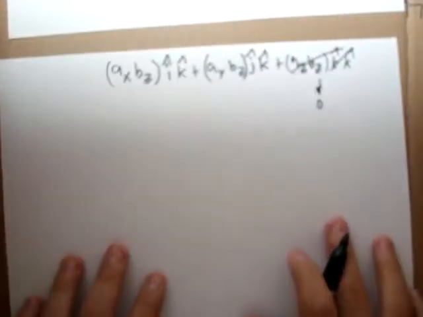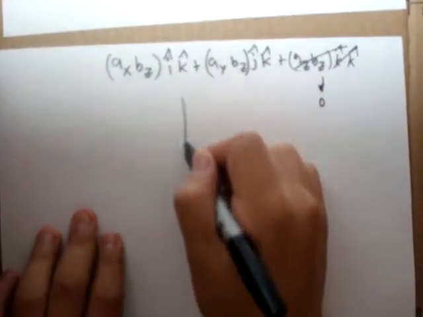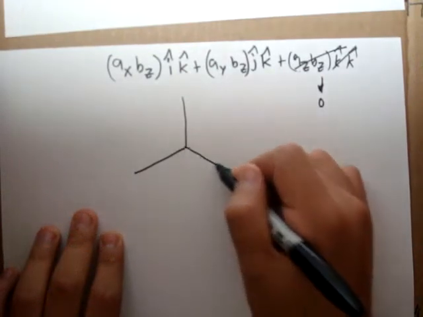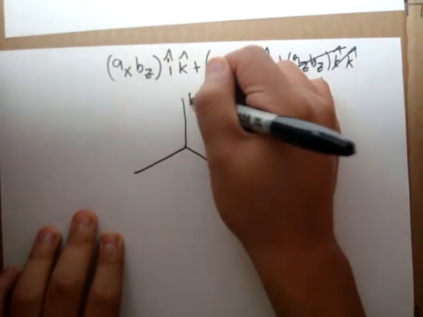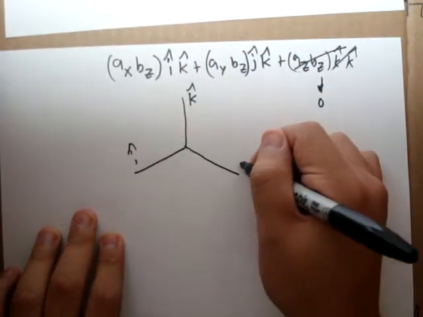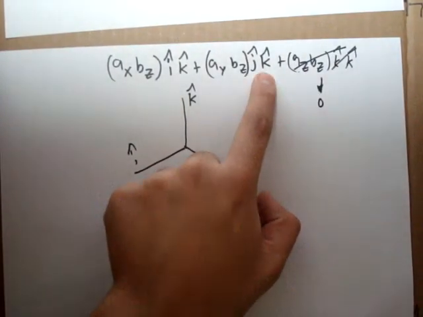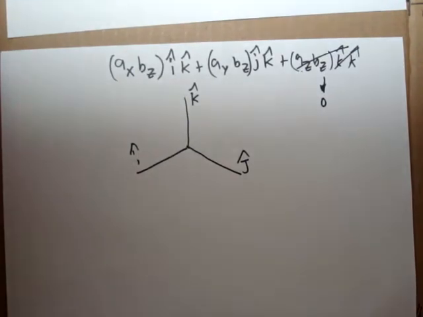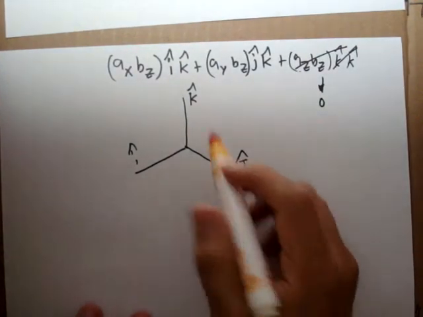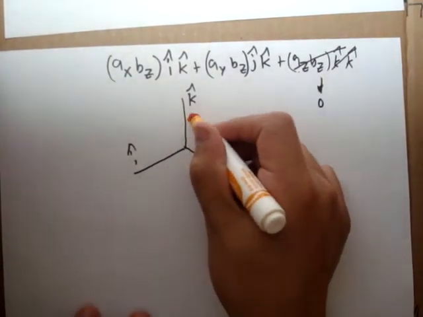And now let's analyze these. I'm going to make one more. Okay, so this is K caret, I caret, this is J caret. Okay? So here we say J caret to K caret. So we go in that order. We start at J caret and we go to K caret. Okay?